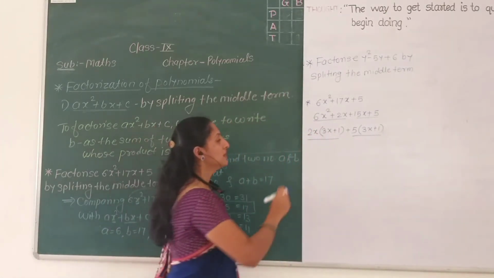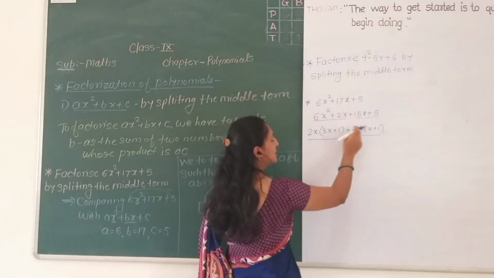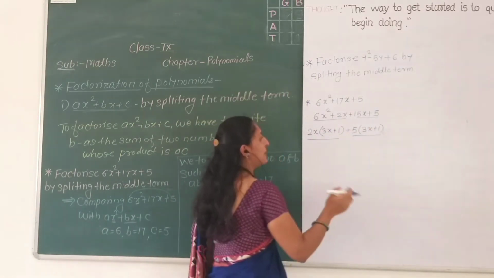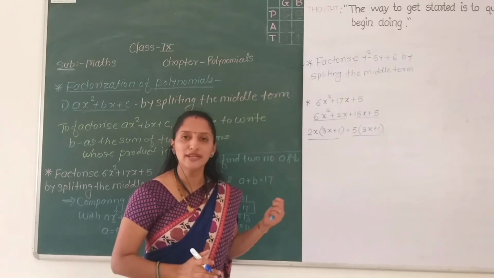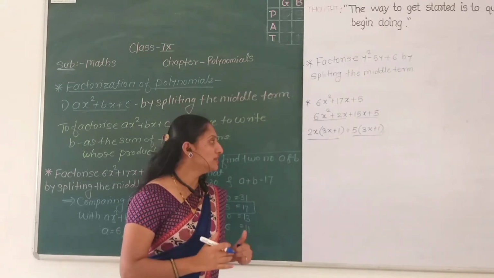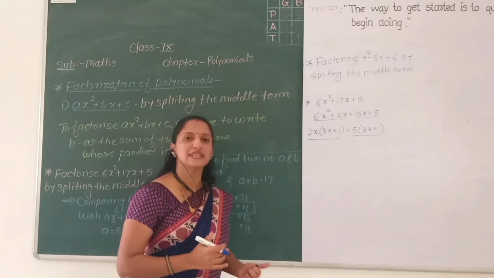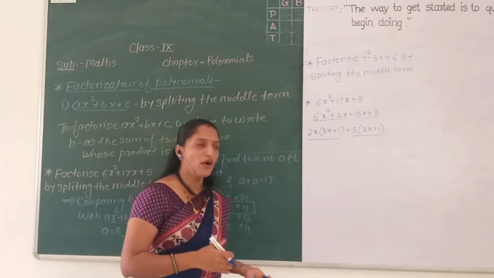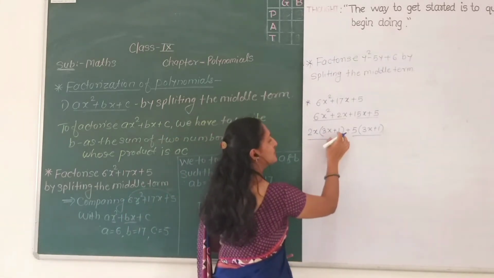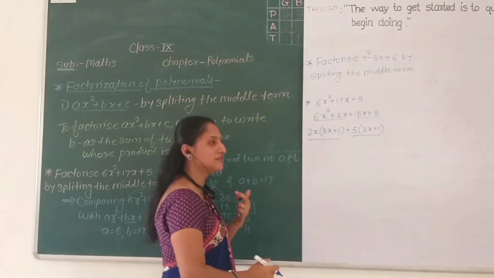Now look here. In both the terms, the bracket 3x plus 1 is common. Do you observe this? Yes. So take 3x plus 1 common from both the terms.